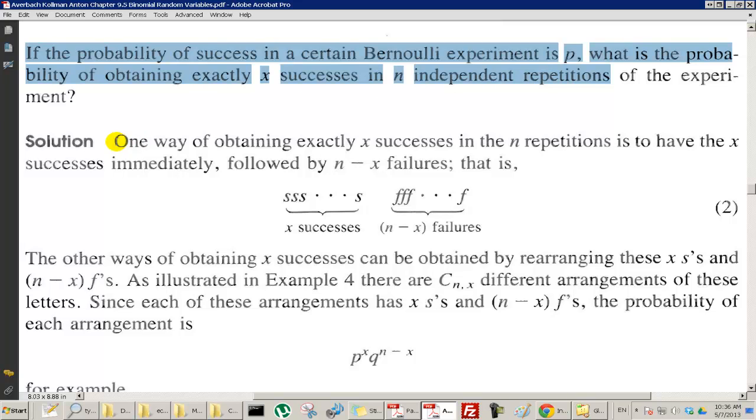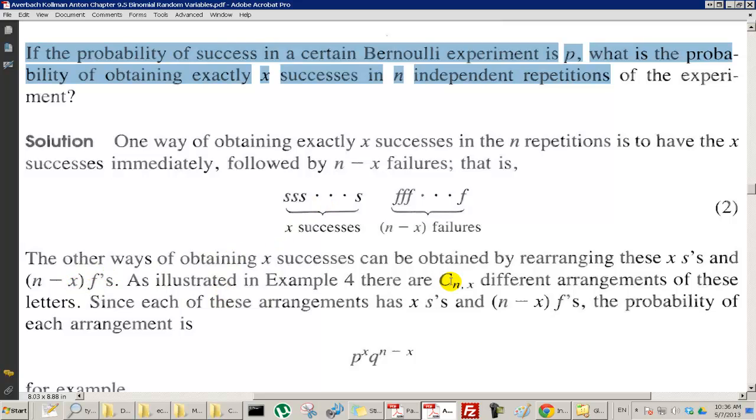One way of obtaining exactly x successes in n repetitions is to have the x successes immediately, followed by n minus x failures. So you would have x successes, and then since we're doing this n times, the rest would be failures, meaning there's n minus x failures. The other ways of obtaining x successes can be obtained by rearranging these x s's and the n minus x f's.